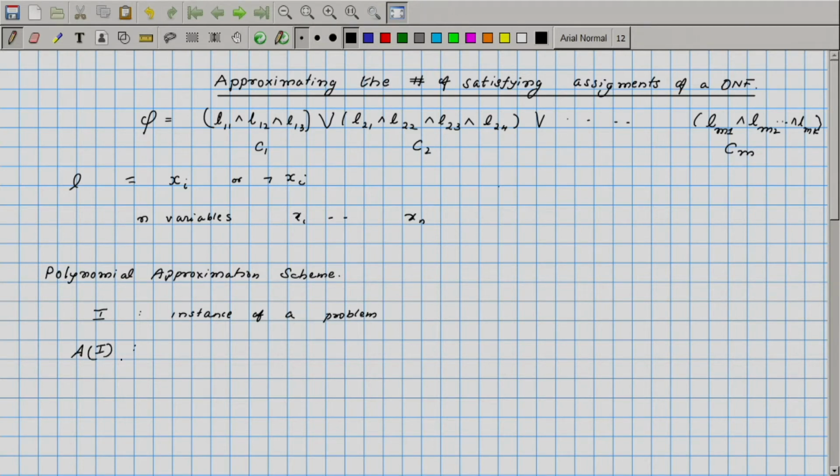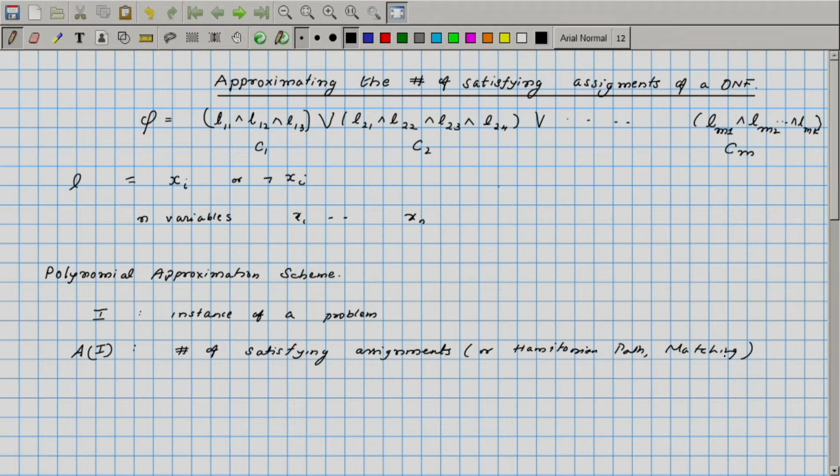Here you could think of it as the number of satisfying assignments, or let us say Hamiltonian paths or matchings: the number of Hamiltonian paths in a given graph or number of matchings in a given graph. So A(I) denotes the number of assignments which can satisfy the particular problem, or some parameter associated with each of these instances.